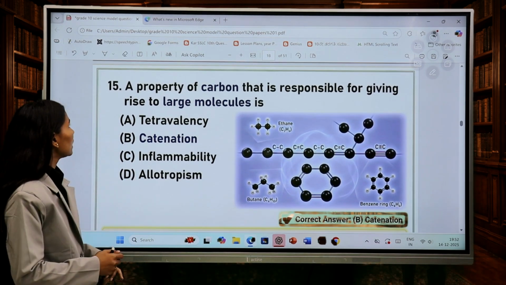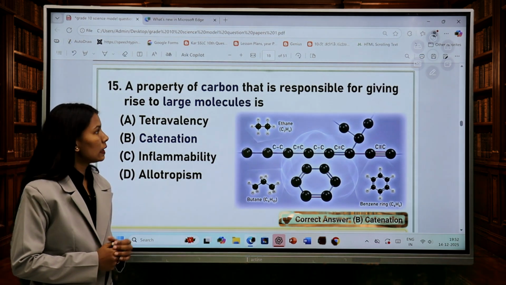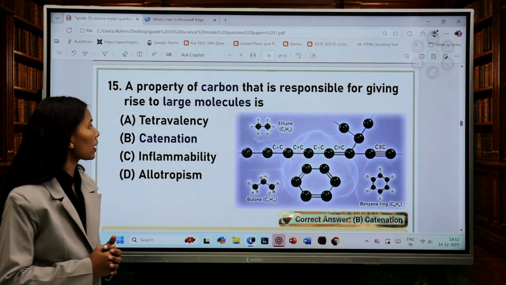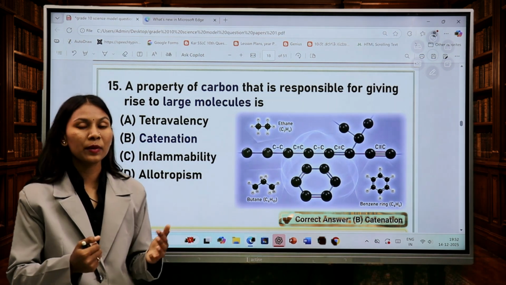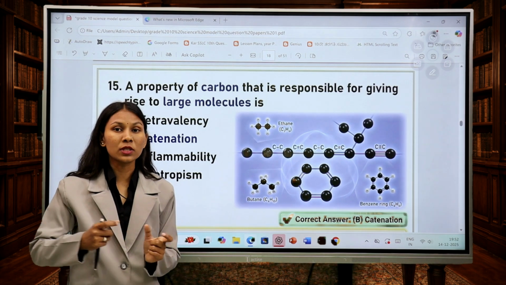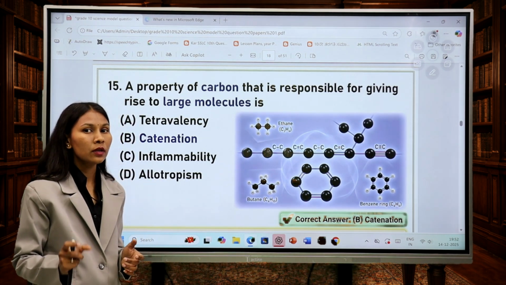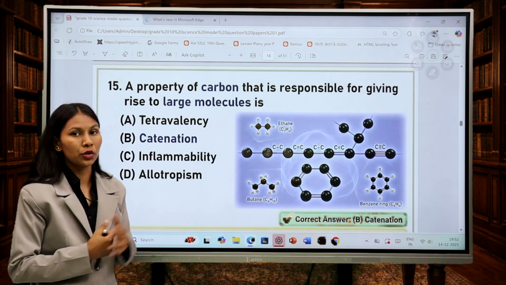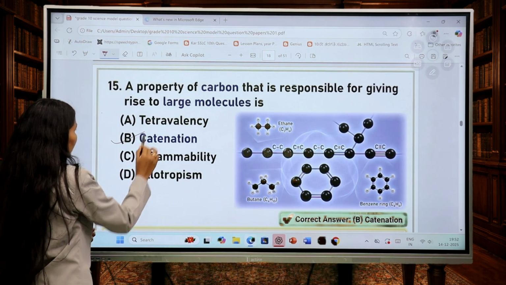15th question. A property of carbon that is responsible for giving rise to a large number of molecules is. Carbon has so many properties, that is why it is said to have a versatile nature. Let's see which property of carbon gives rise to large molecules. The answer for this will be catenation.